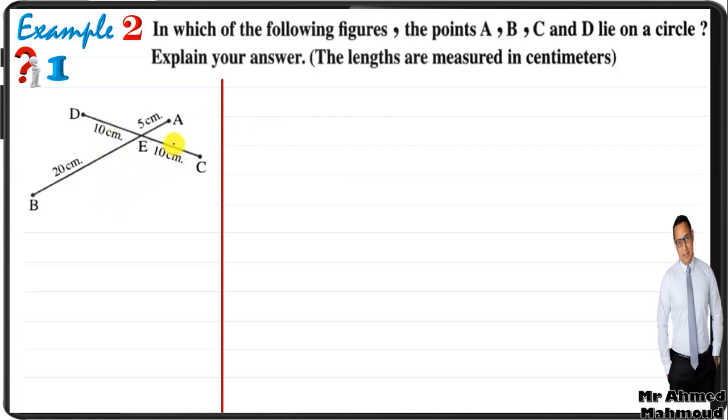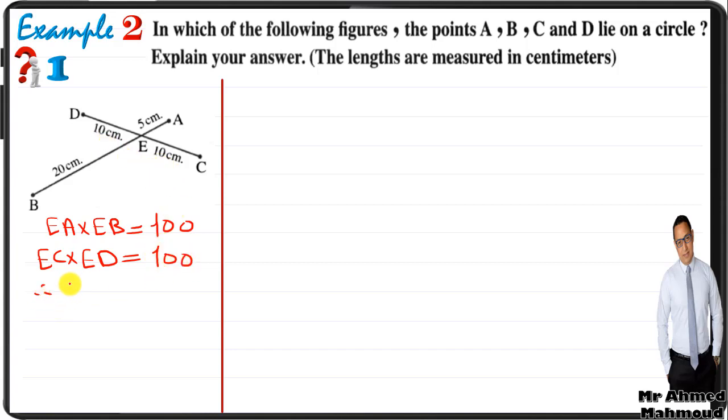I need to know whether there is a circle that can pass through A, B, C, and D. Now I'm going to calculate EA times EB equals 5 times 20 equals 100, and EC times ED equals 10 times 10 equals also 100.